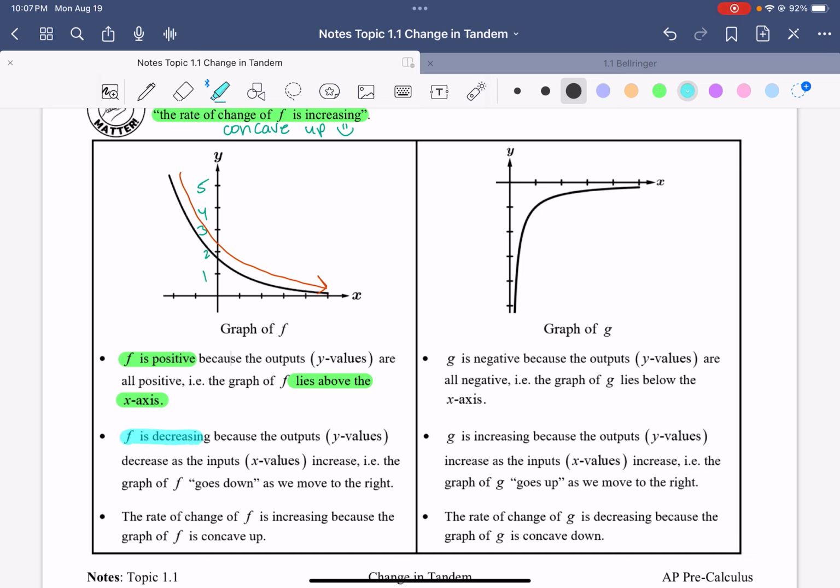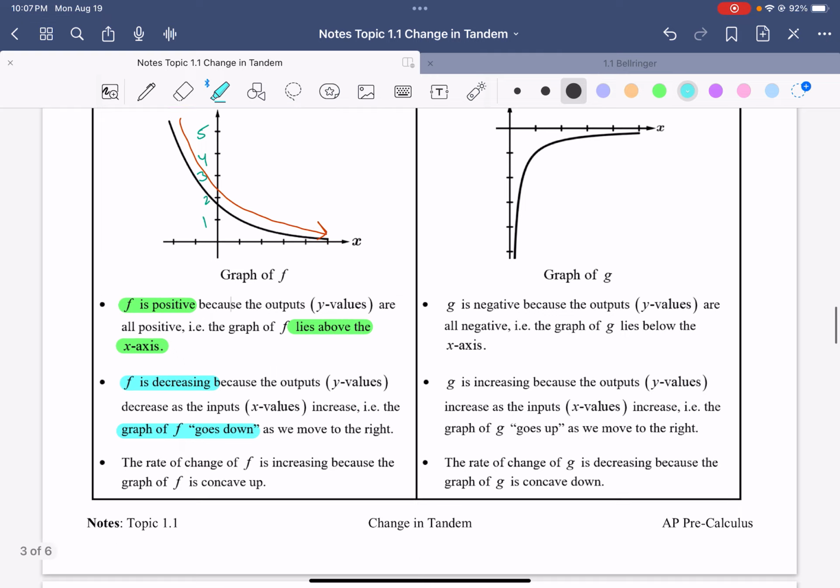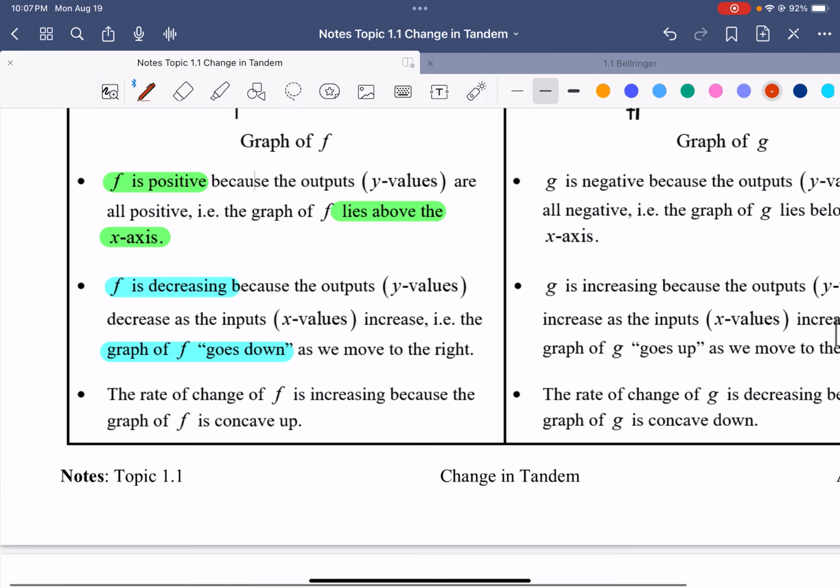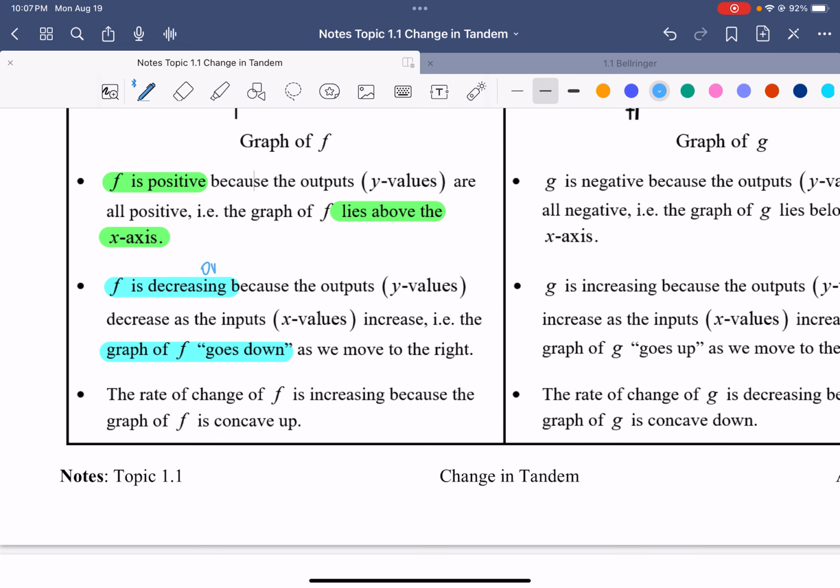So here's something else to know. F is decreasing if the graph of f goes down. Now remember earlier we also said that the slope, which can also be read as the rate of change, is negative. So I can also say the rate of change is negative, or I can say f is decreasing, and both of those would just refer to the graph of f going down.